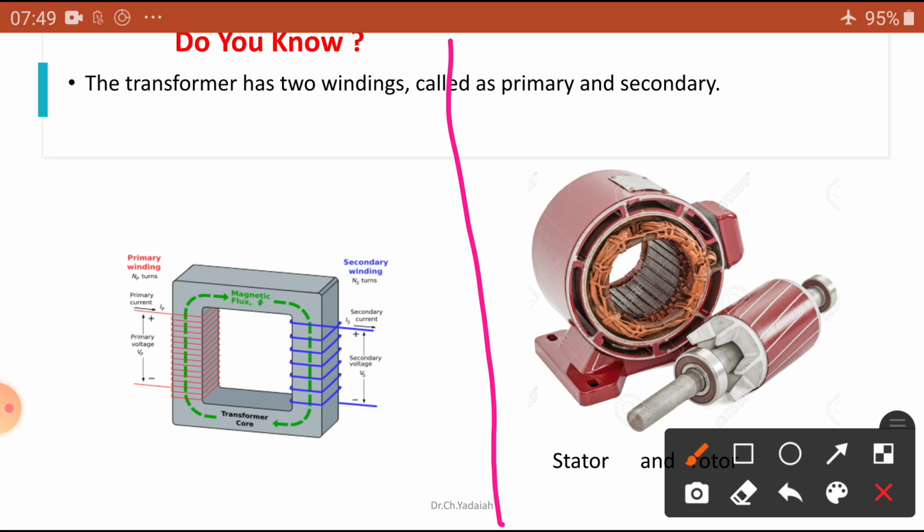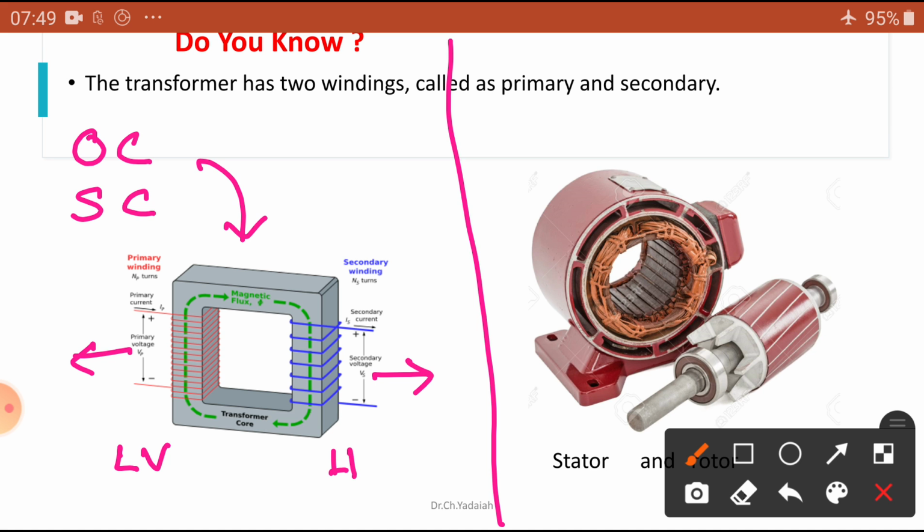We are going to conduct the OC test, open circuit test, and SC test, short circuit test on the transformer. This is the primary, this is the secondary. For example, this is the LV, this is the HV, high voltage winding. For example, take this as a 230 volts by 110 volts transformer, for example a 2 kVA transformer.